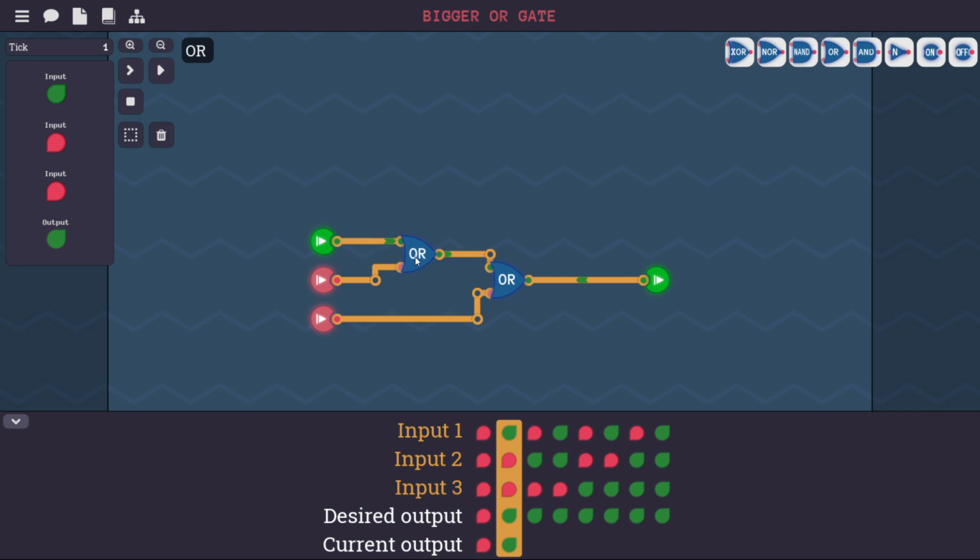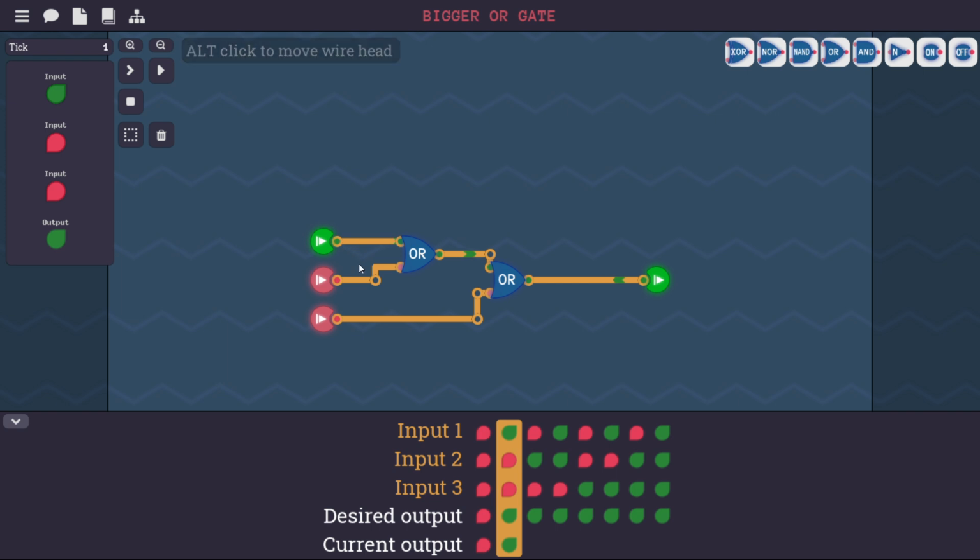Since the OR gate is not so restrictive, it only compares the 2 inputs, and if one of the inputs is true, then the whole statement, or rather the output, is true.